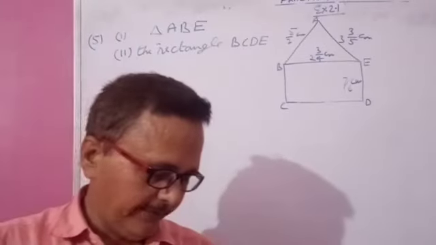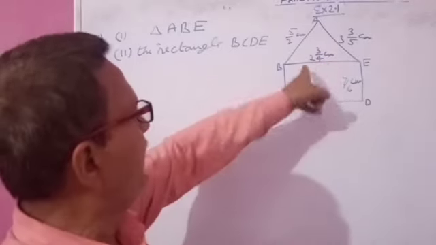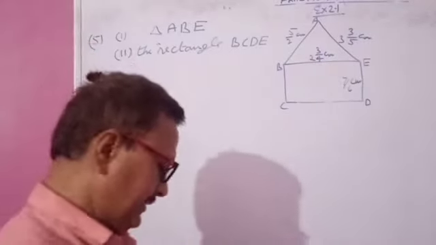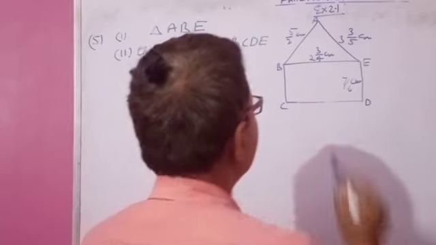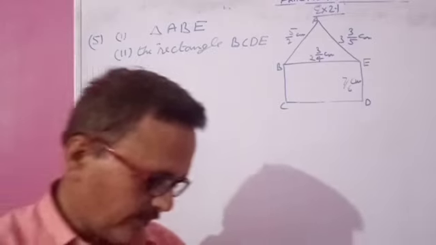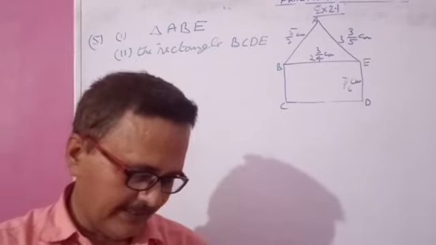Now question number 5. Find the perimeter of the first triangle ABE and the second, the rectangle BCDE. You have to find in this figure whose perimeter is greater.